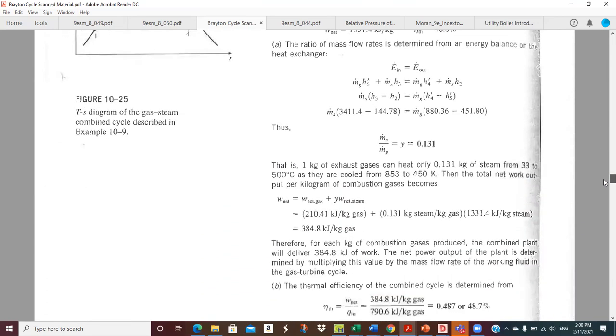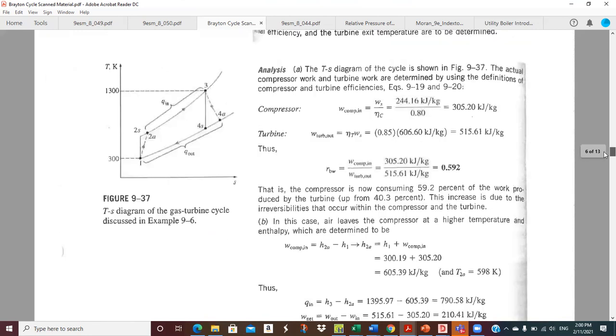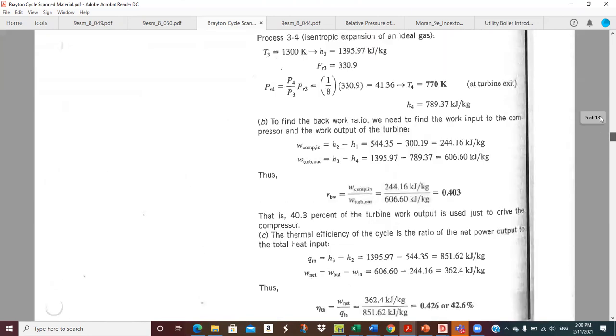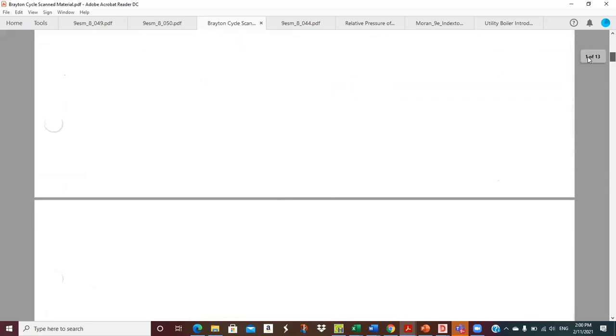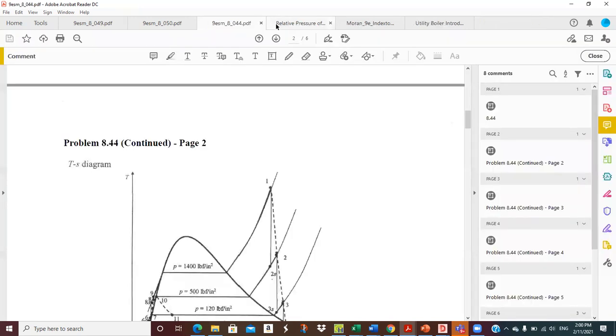Wouldn't be bad to work through that, but I think you guys have seen plenty of this with other thermos, so I think you should be pretty good. Okay. So let me see. I think that is going to finish the thermo presentations.